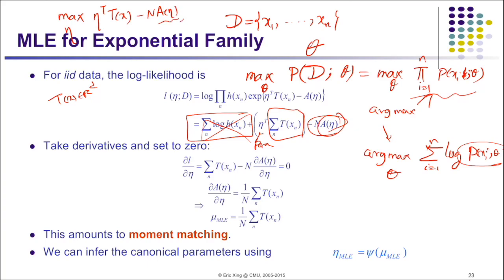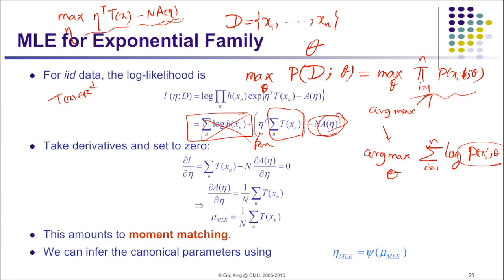This is convex, the minus of that is concave, and this is linear. The summation of a linear function with a concave function is a concave function. And because it's concave, you get a unique maximum. That's a nice thing about it.